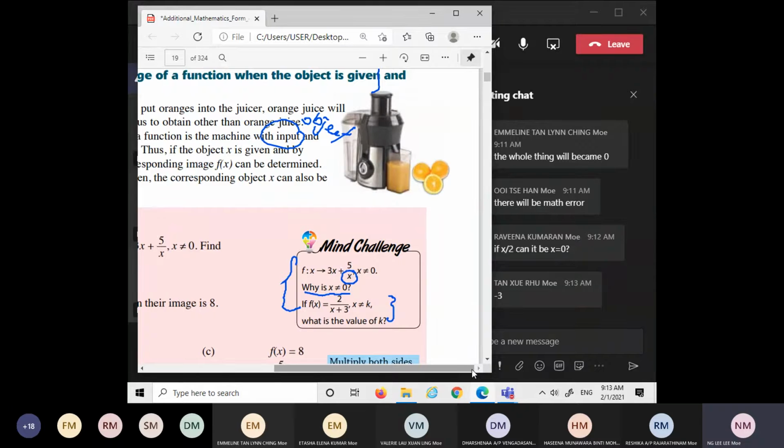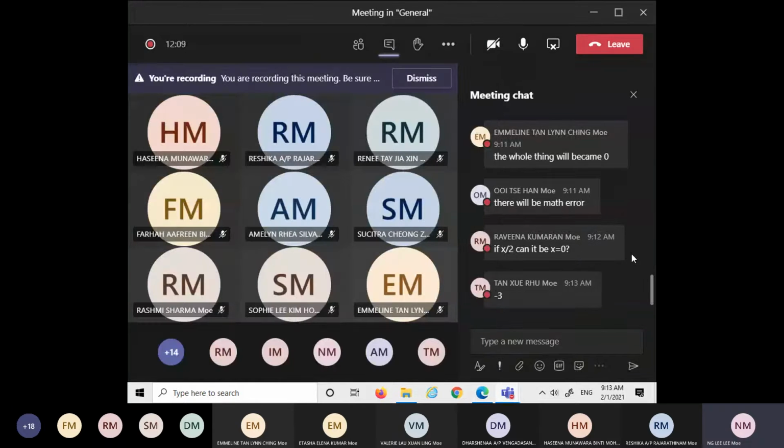Ravina asks, if x over 2, can it be x equals 0? Okay, Ravina, if x over 2, you see the denominator is 2, nothing to do with x.